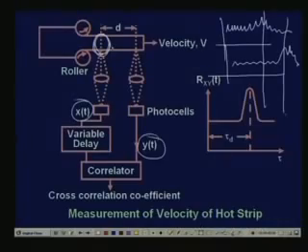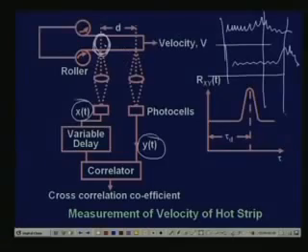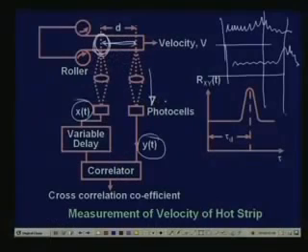Actually the basic premise is that the radiation pattern from a particular part of the strip, although its shape may slightly change and the signal is going to be erratic, over a small distance it is going to preserve its shape. And therefore as it travels, when we take the signal through the second set of sensors, the signals received here are actually going to be a time shifted version of the signals in this channel.